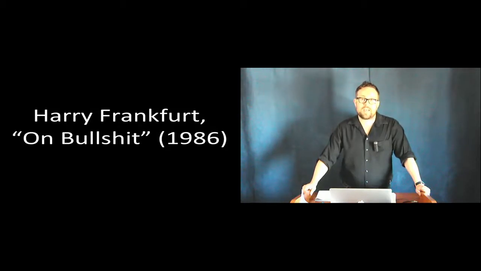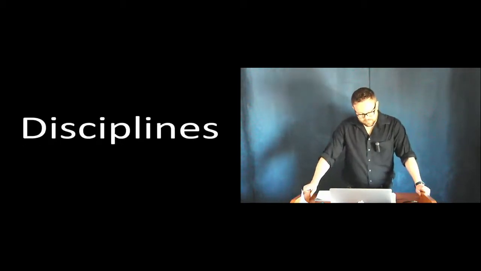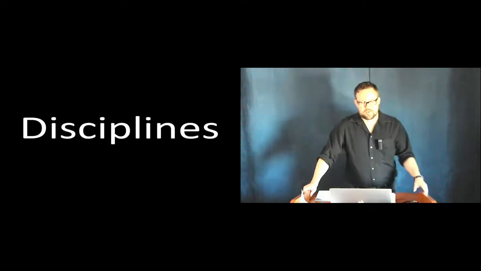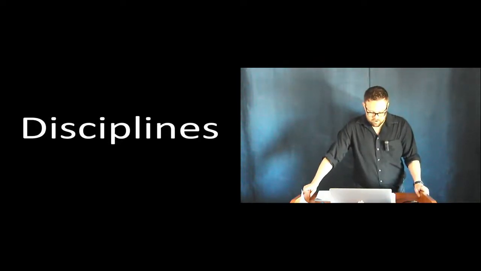This brings us to our second motivation for the class. In universities, or what we call academia, there are things called disciplines, including anthropology, economics, history, political science, psychology, sociology, and so on.